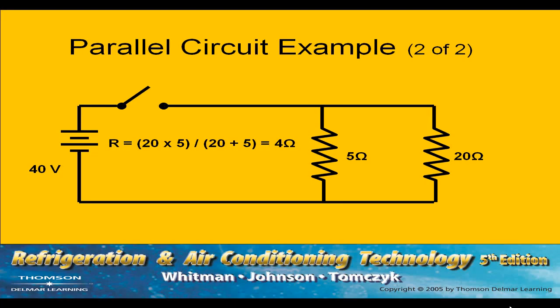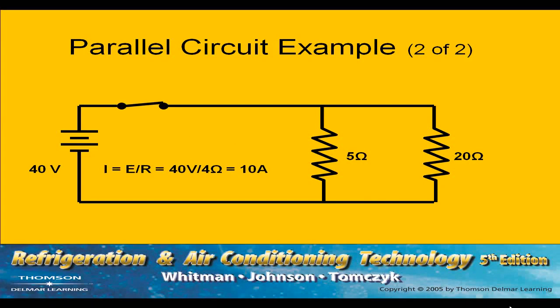So we know total resistance is 4 ohms. 40 volts, 4 ohms, what's our total current draw going to be? 10 amps. 8 amps through that one, 2 amps through that one.